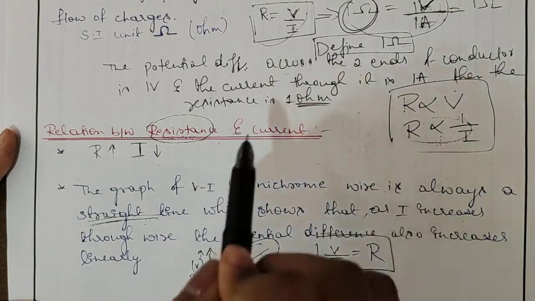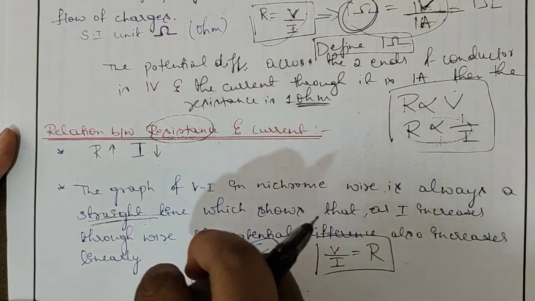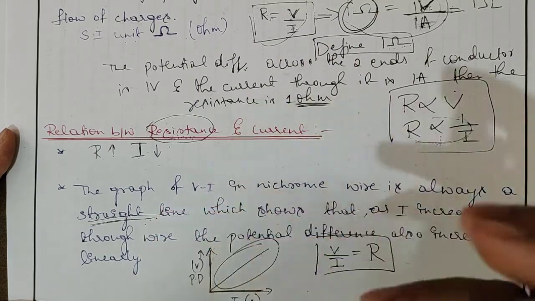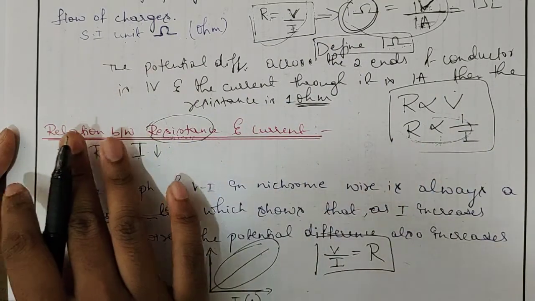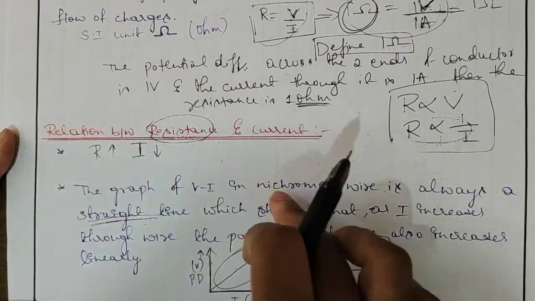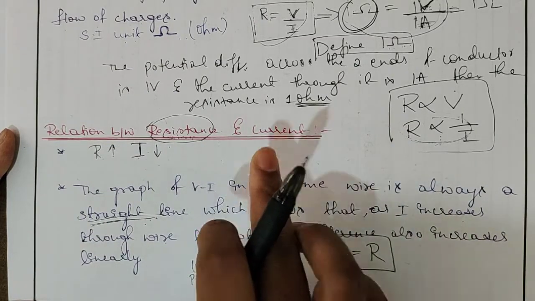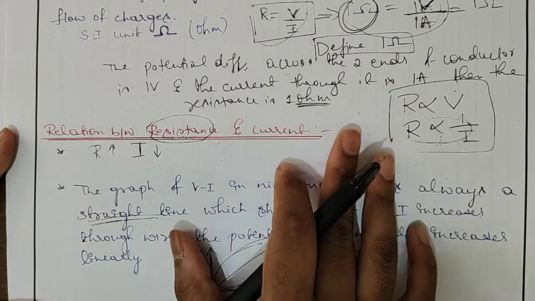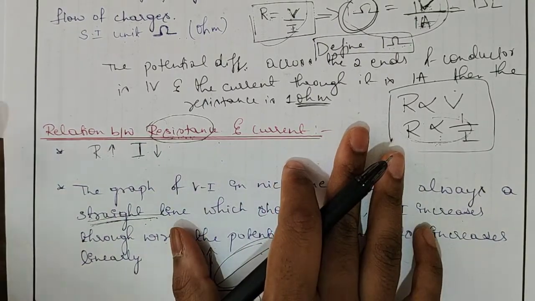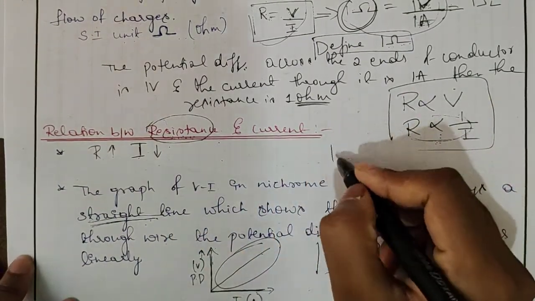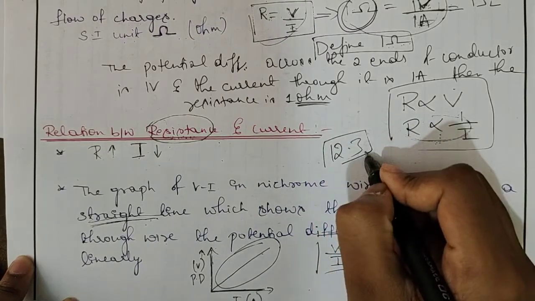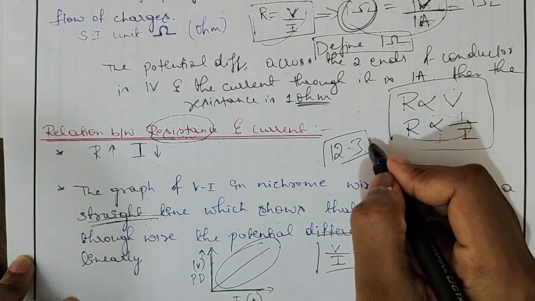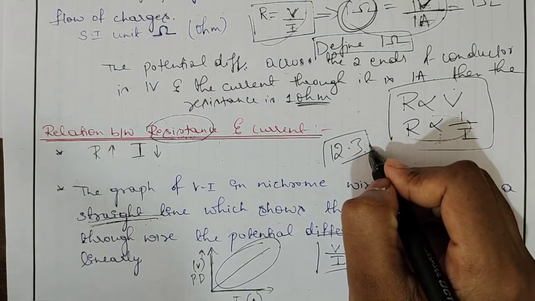So from the examination point of view, 2 activities are important. They may ask any different kind of question, from the Ohm's law activity which we learned in the last class, and now what we are doing, that is the factors on which resistance depends. So that is one more activity. Clear? So now let us see the activity, and the activity is nothing but 12.3. Pause the video, just read once what is given as the procedure in the textbook, then watch this back.